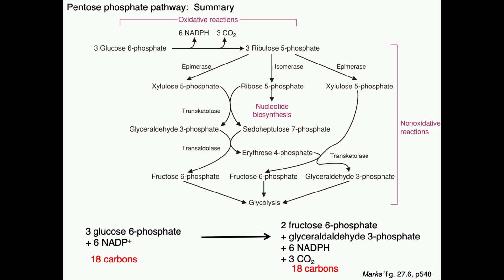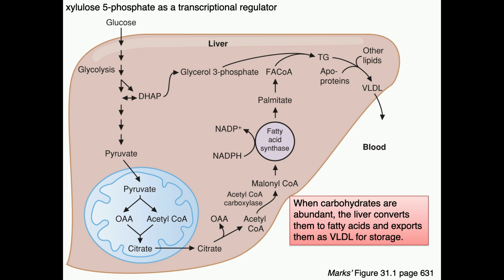Basically, if you get a lot of carbohydrate around, you get more flux through the pentose phosphate pathway, and you get more xylulose 5-phosphate buildup. So in situations of carbohydrate excess, adipocytes, the fat cells, and cells of the liver will convert that excess carbohydrate into fatty acids. That process is shown in cartoon fashion here.